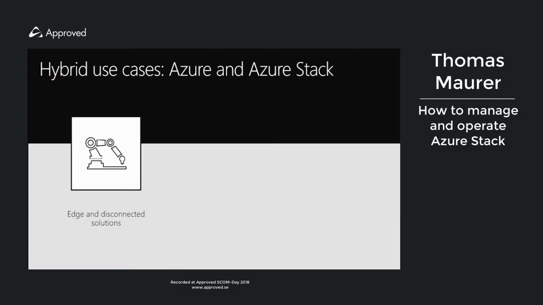They need to run something on their ships, and that's the idea. That's one scenario where you can bring Azure Stack closer to you. Also for applications which cannot deal with a lot of latency. I know here in Sweden the internet connectivity is usually pretty good, but there are other countries, like Germany and things like that, where the connectivity is not that good.